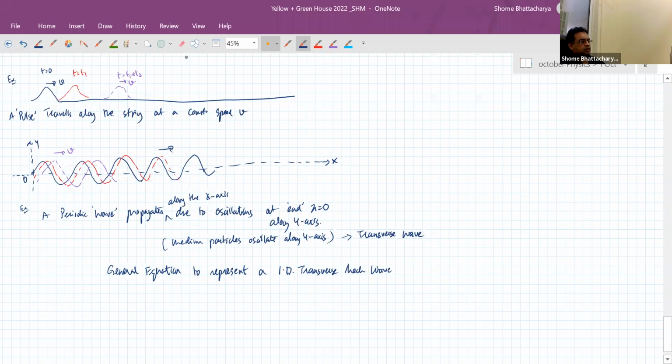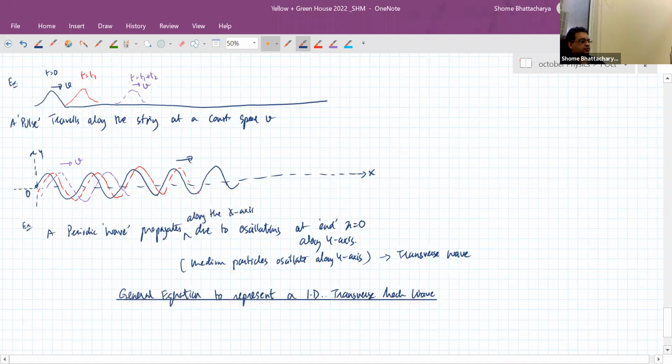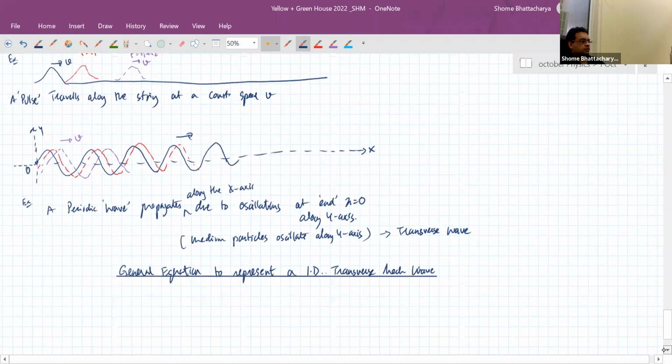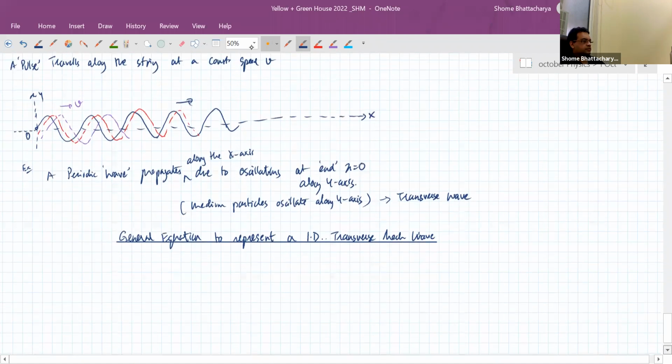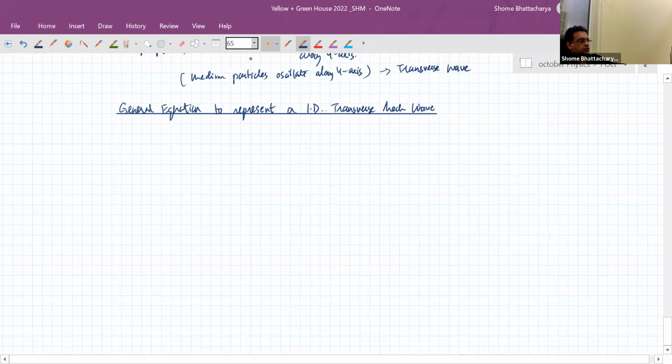Okay, this 1D stands for one-dimensional. That means it's propagating along a one-dimensional axis. So we will develop this idea next. The general equation of a one-dimensional transverse mechanical wave. Now, in order to develop this idea, we have to do some background work.